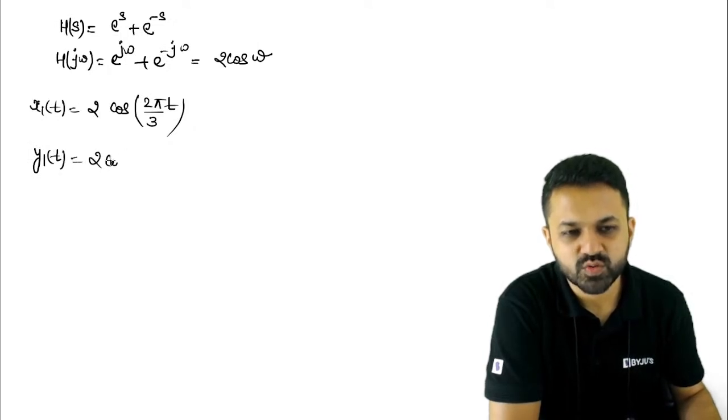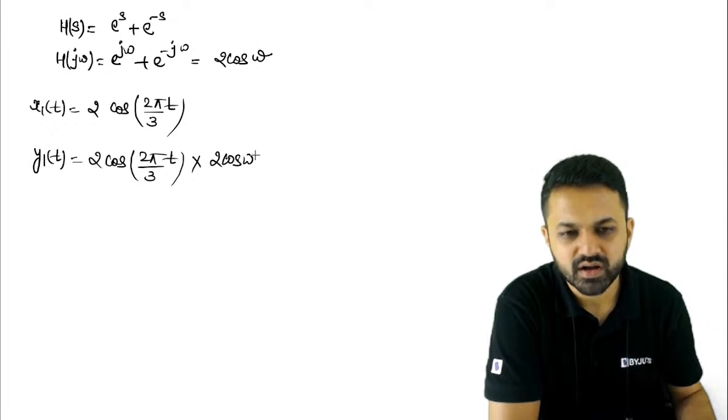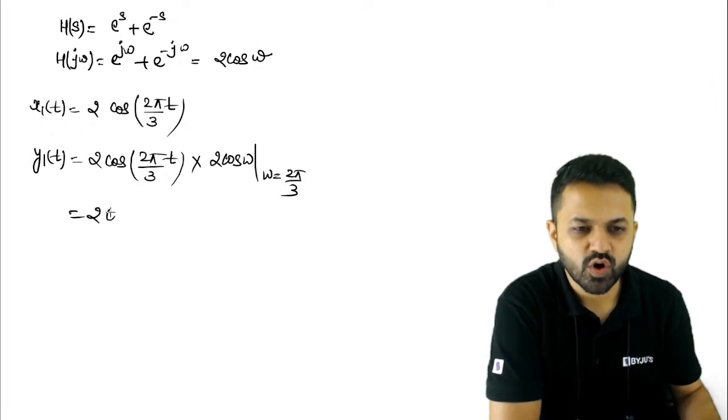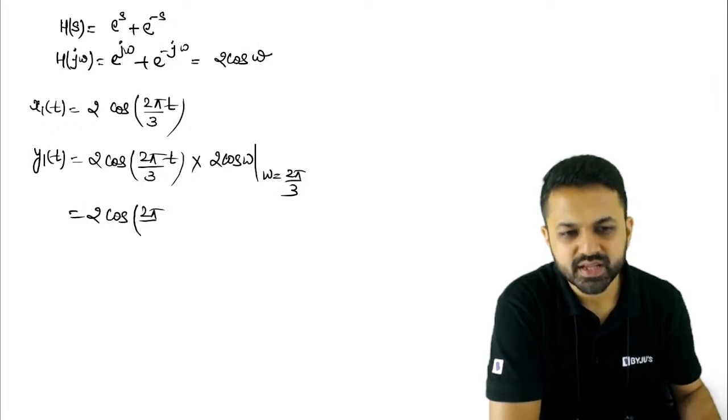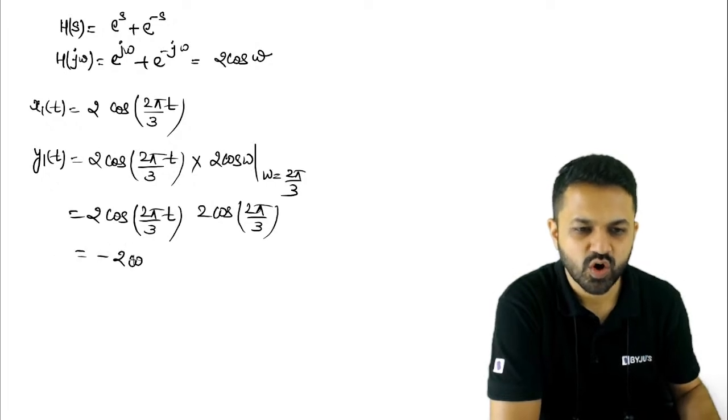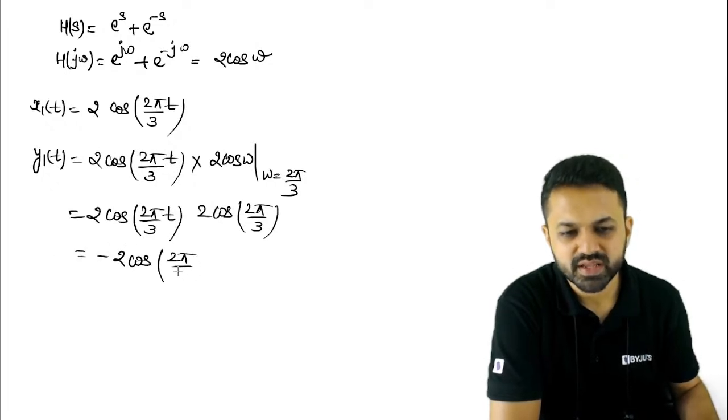The output will be 2 cos 2 pi by 3 t multiplied with 2 cos omega at omega equal to 2 pi by 3. 2 pi by 3 means 120 degrees, so it is minus 2 cos 2 pi by 3 t.